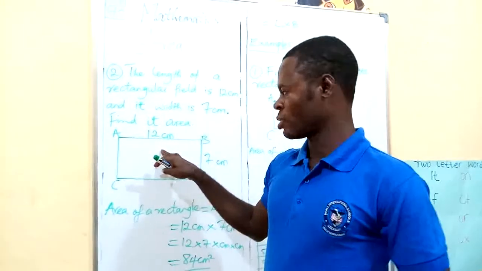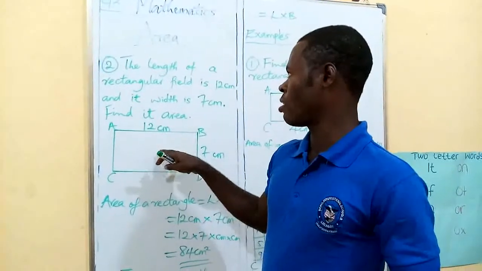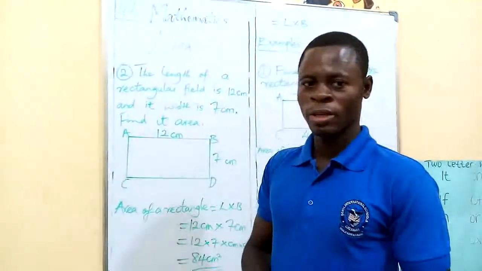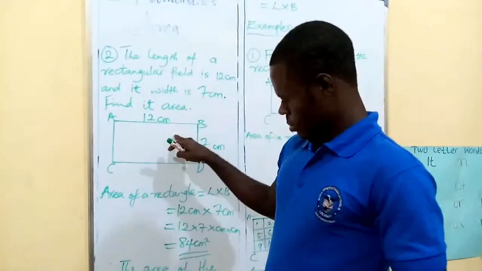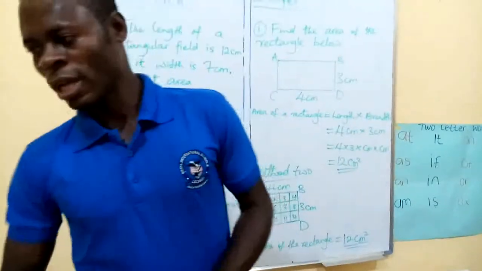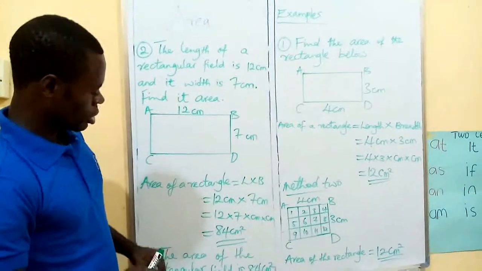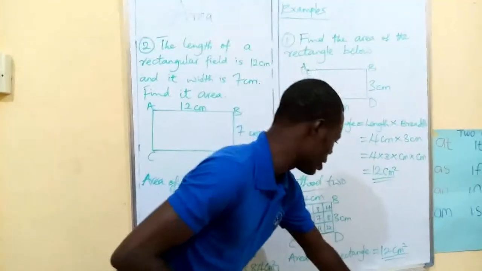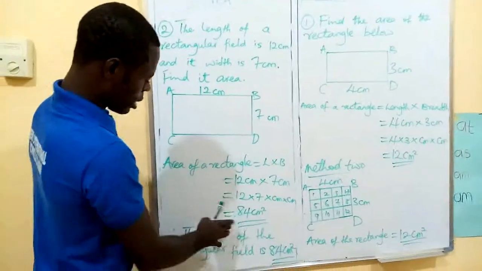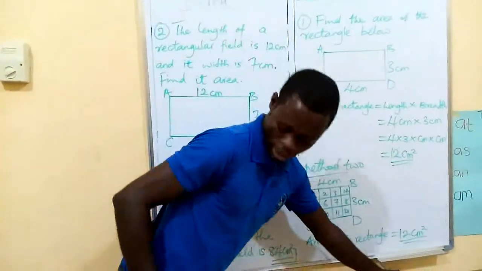In our next class, we'll be looking at the area of a square and other shapes. Please try and do the assignment I'm about to give you. Alright, we are going to call it a day here.